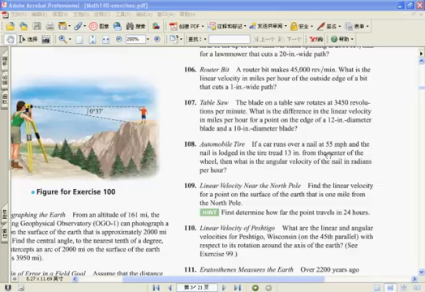So in this problem, we know the linear velocity, that is 55 miles per hour, and we also know the radius of this wheel, and we need to convert this to miles.